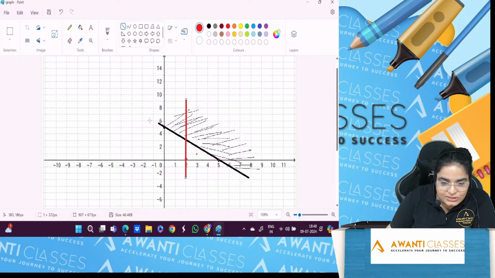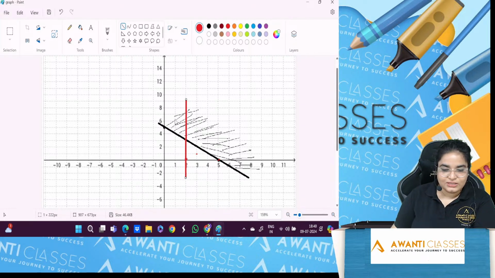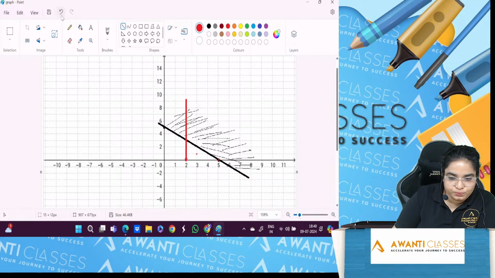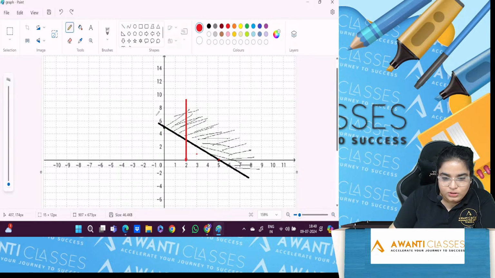Why? Because y has to be more than 0 and x has to be a minimum of 2. So what will we shade here? This area will work.